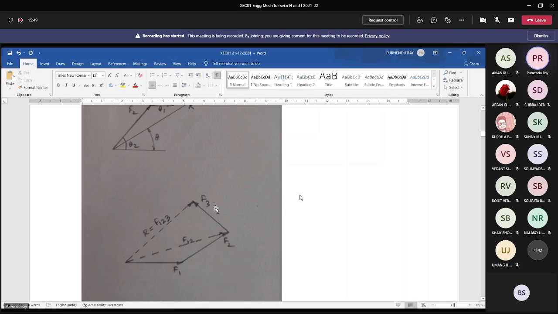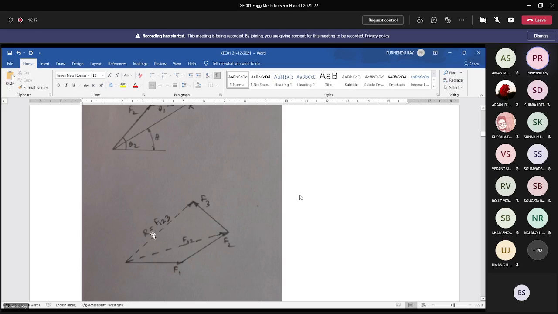Whatever vector we are considering, that is the developed mathematical part corresponding to all this geometry. Then if there are three forces, we find the combination of F1 and F2, we get F12. Then with F1 plus F2, we add the third force F3. So with this triangle we get the resultant R, equal to F123.